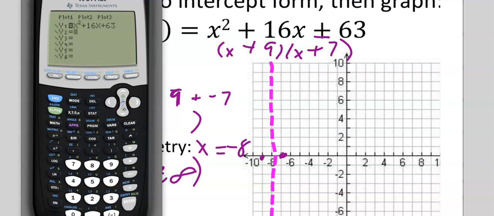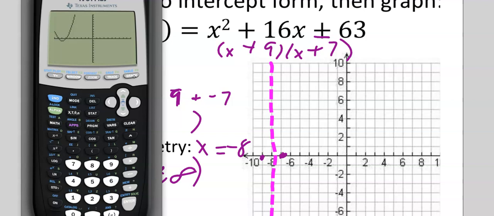Then go down here and do parentheses x plus 9, x plus 7. And when we graph, there it is. And there it is, because it's the same thing.